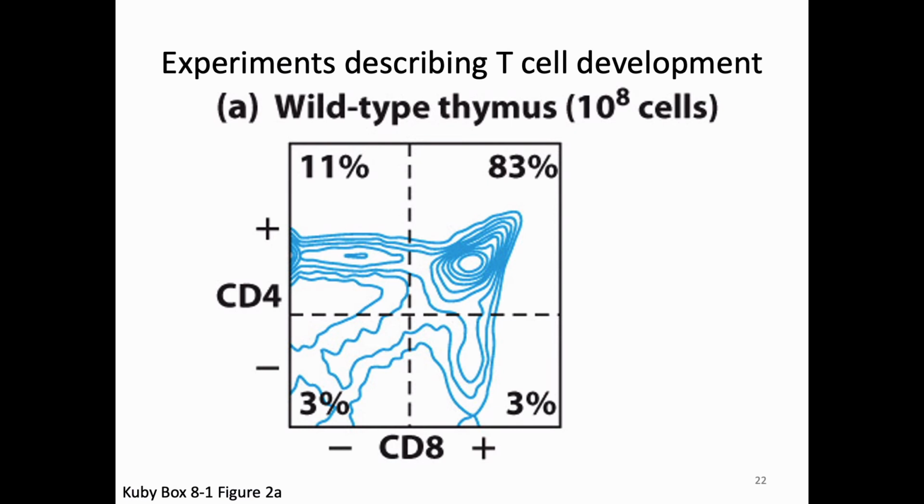We can look at the thymus from our mouse that has the matching MHC type, H2D, or the mouse that has the not matching MHC type, H2B.